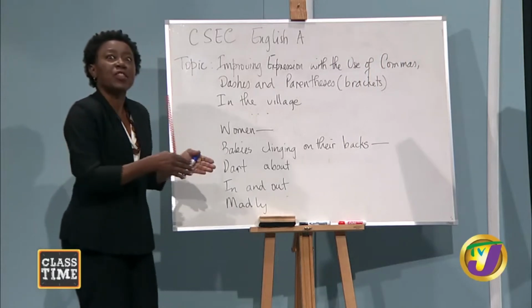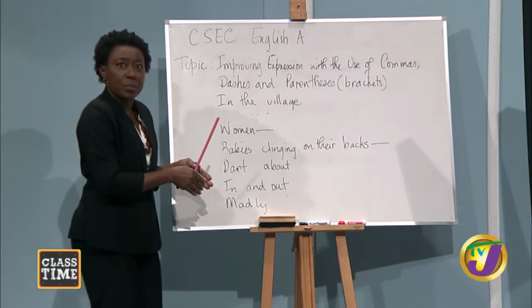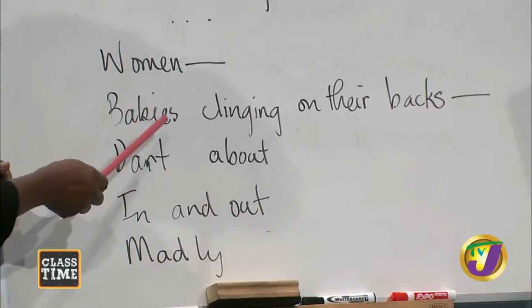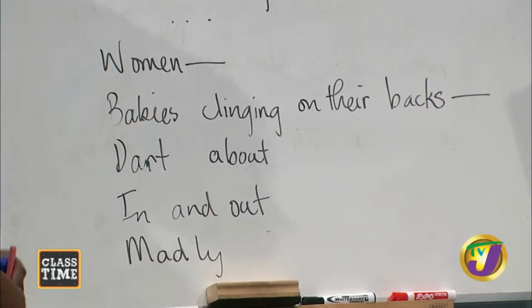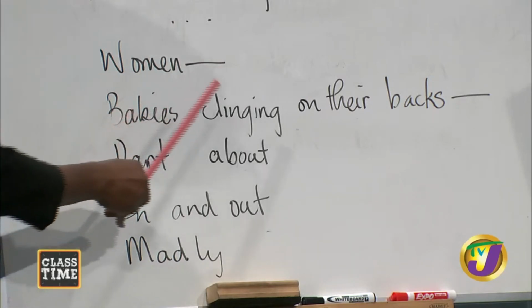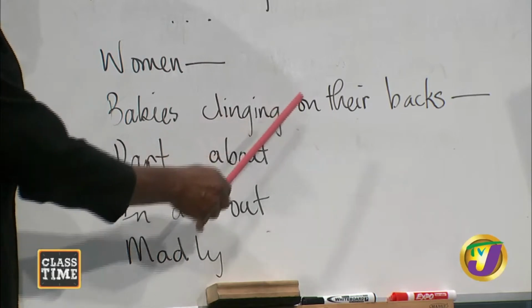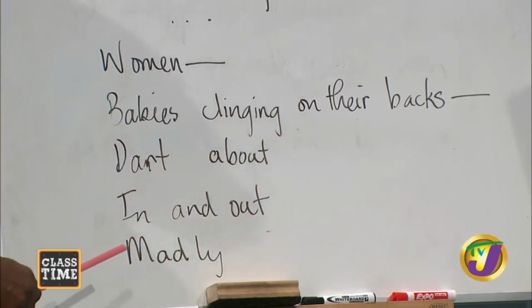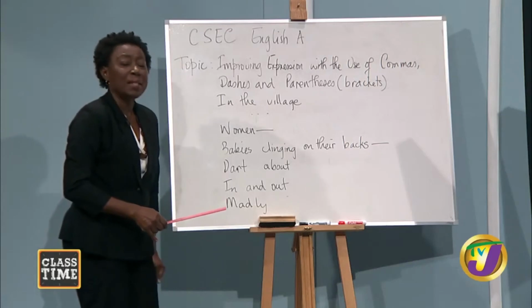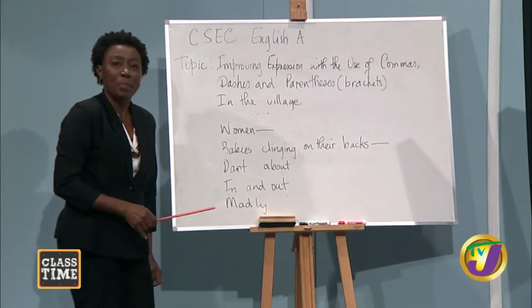So he inserts the parenthesis in the lines. What does he say about the women? They have babies clinging on their backs while they are darting about. They are running up and down in the whirlwind, and the babies are strapped to their backs.